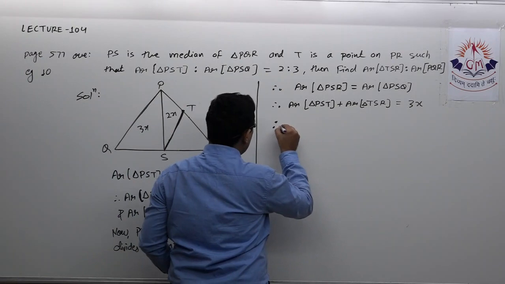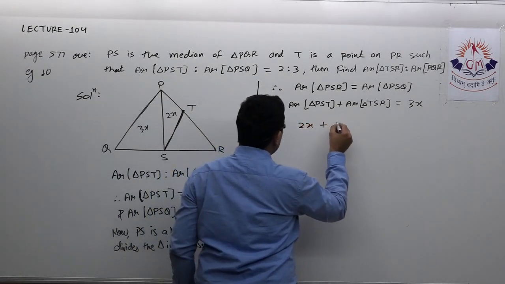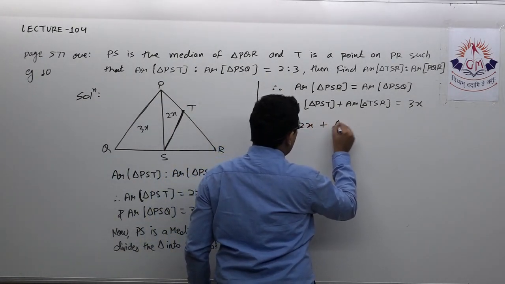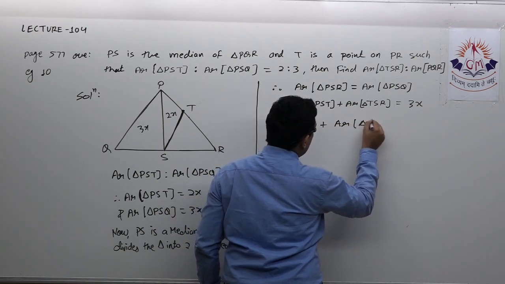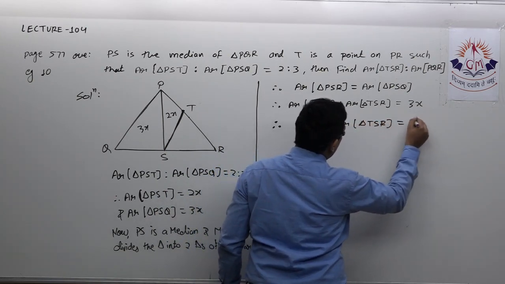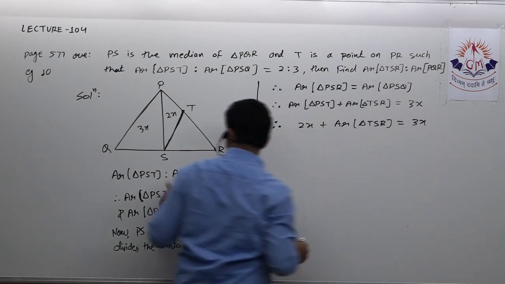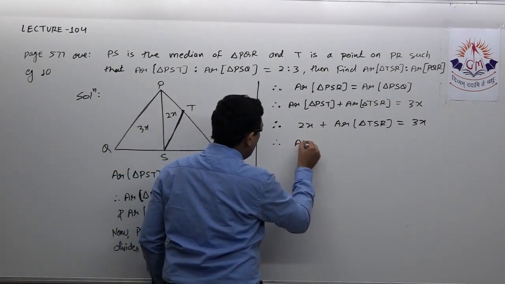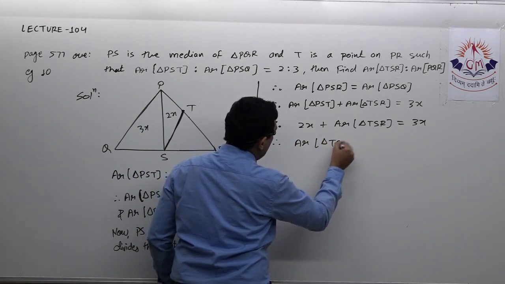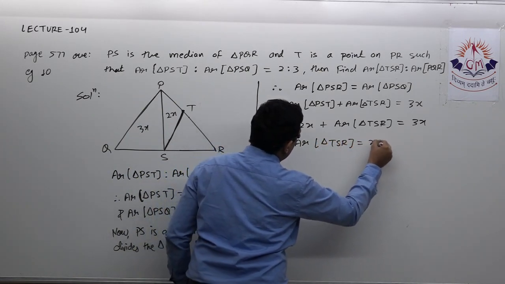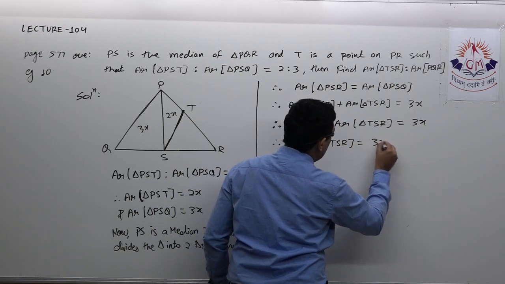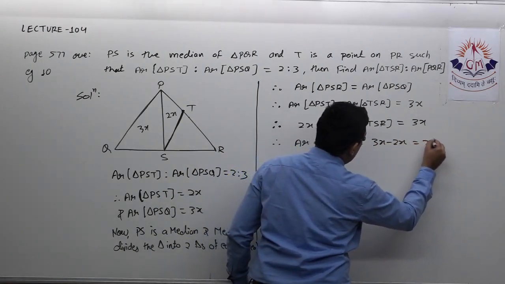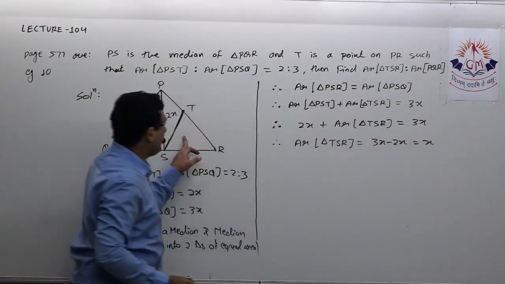PST is 2x, and here I write area of triangle TSR, and here I wrote 3x because PSQ equals 3x. So from this I got area of triangle TSR is equal to 3x minus 2x, that is x. So I got the area of triangle TSR.